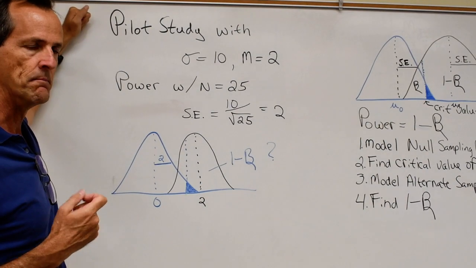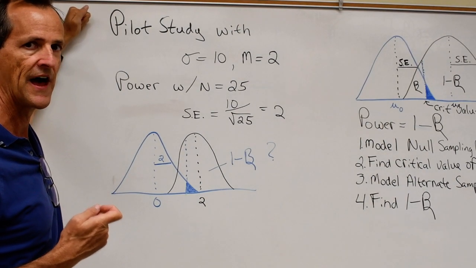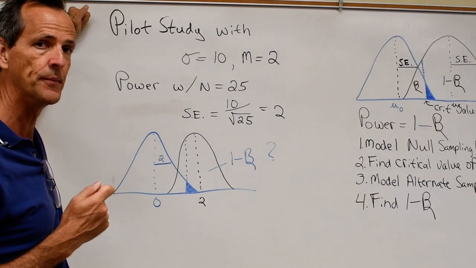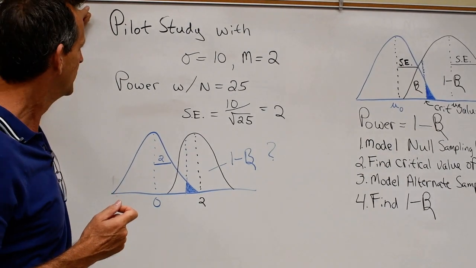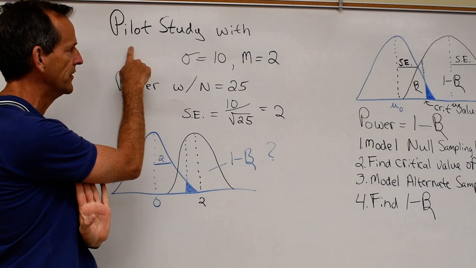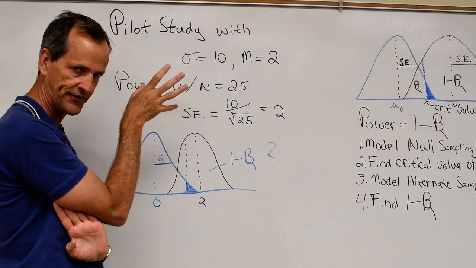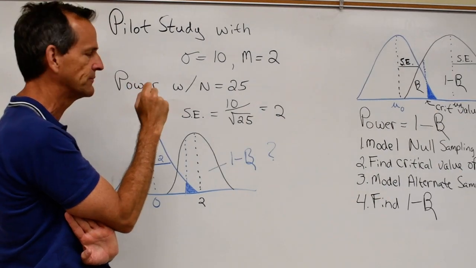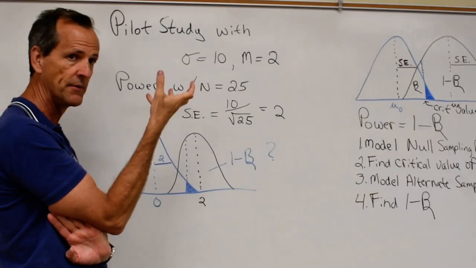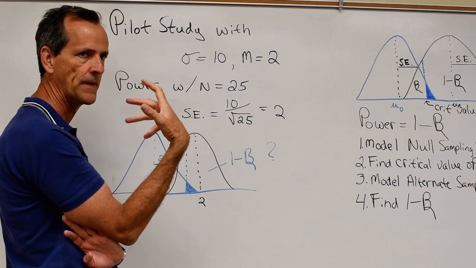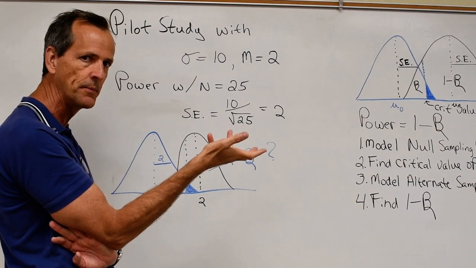One thing that can make a proposal like that really compelling is if you have an estimate of power. Typically a scientist will conduct a pilot study first, maybe with a small sample size, and get some sort of estimate of how much variance there is, and probably what the mean is they're expecting to be.